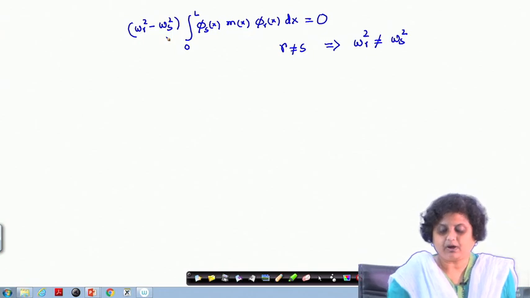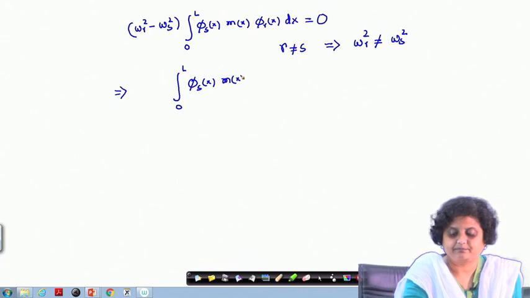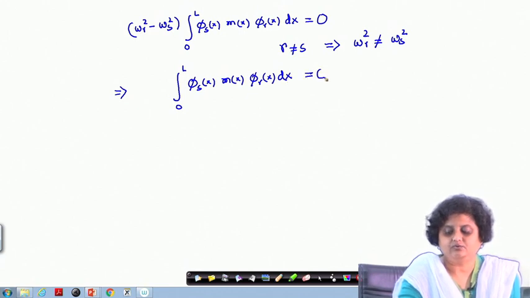Since this part is not equal to 0, this implies that the integral from 0 to L of phi s x m x phi r x dx is equal to 0.